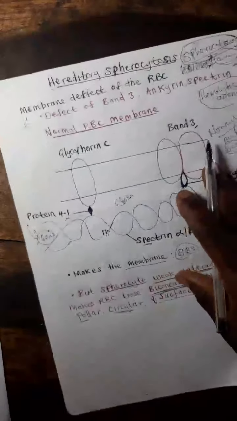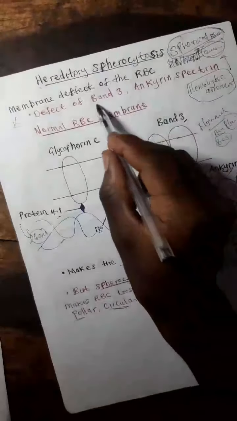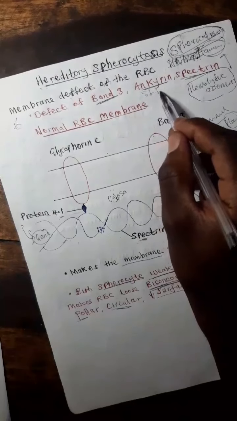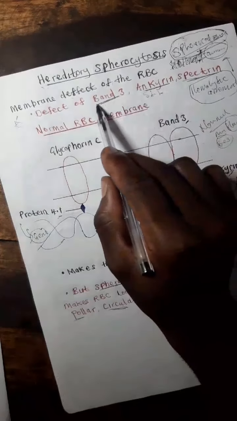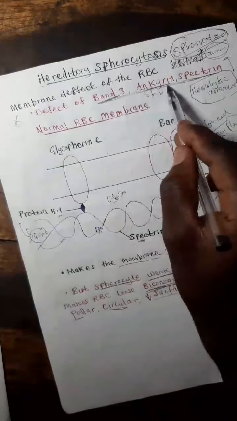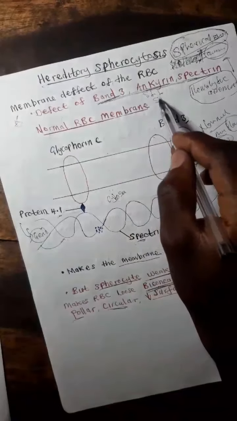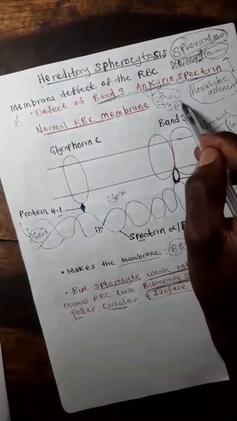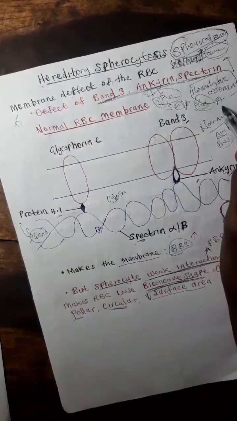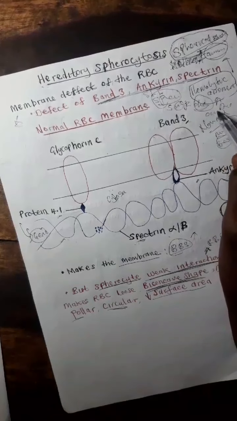So these are the many proteins that give integrity and stabilize the membrane of the red blood cells. Deficiency in these can lead to spherical shape. Spherical shape can lead to red blood cell destruction, which can eventually lead to anemia.